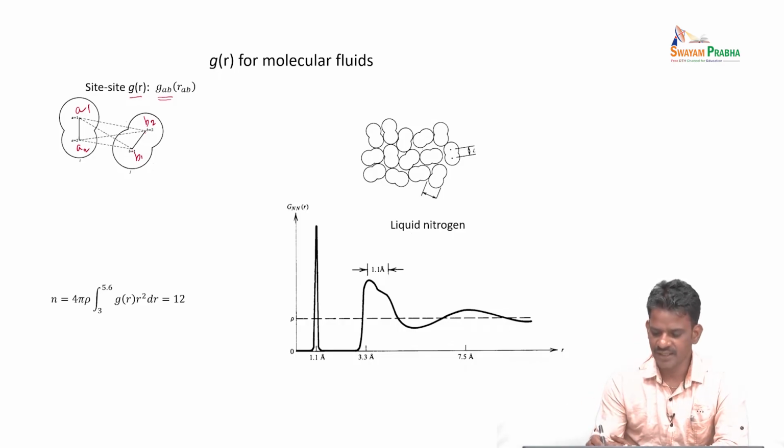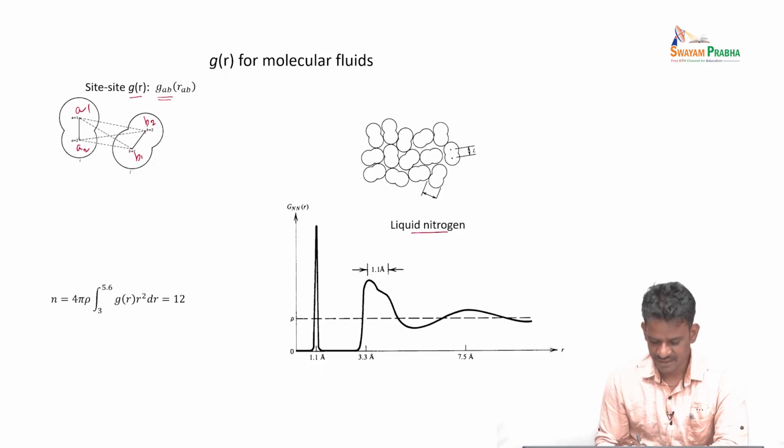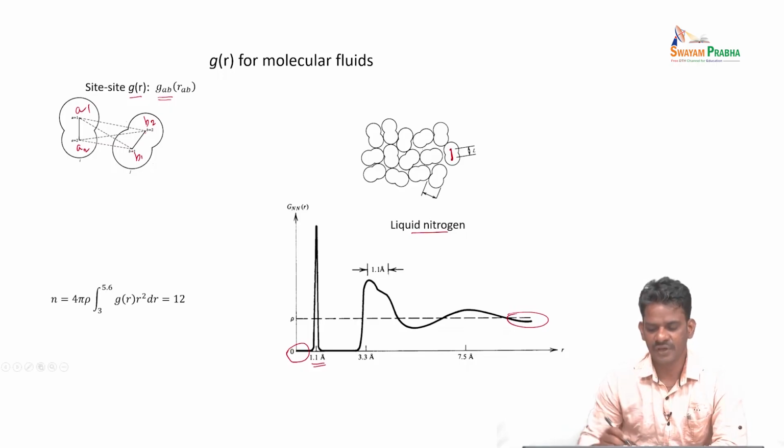If you look at liquid nitrogen, which is an example of a linear molecule, you can see that the g of r function has the same characteristics we discussed before. g of r is 0 when r is close to 0, and it reaches 1 at far distances. The first peak is at about 1.1 angstrom, which relates to the bond length within the nitrogen molecule.